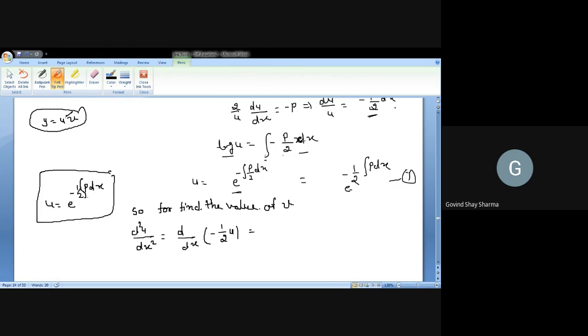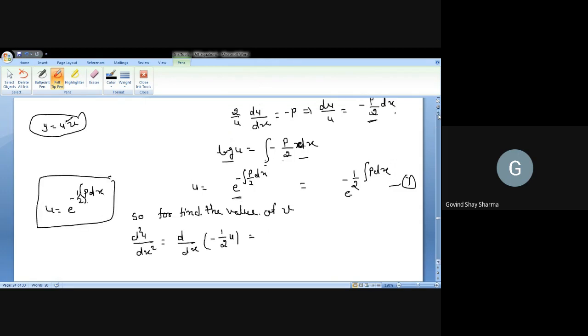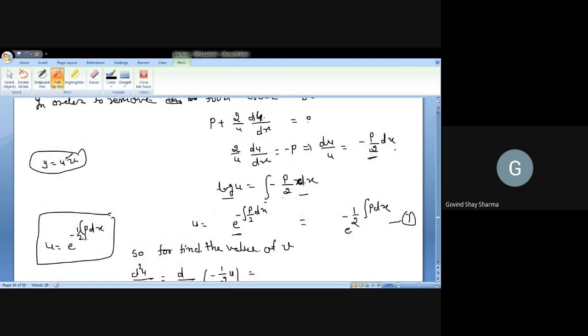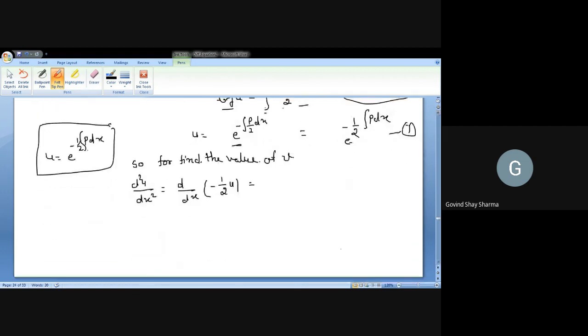We can write like this. From here du upon dx we find: du upon dx is equal to minus pu by 2.